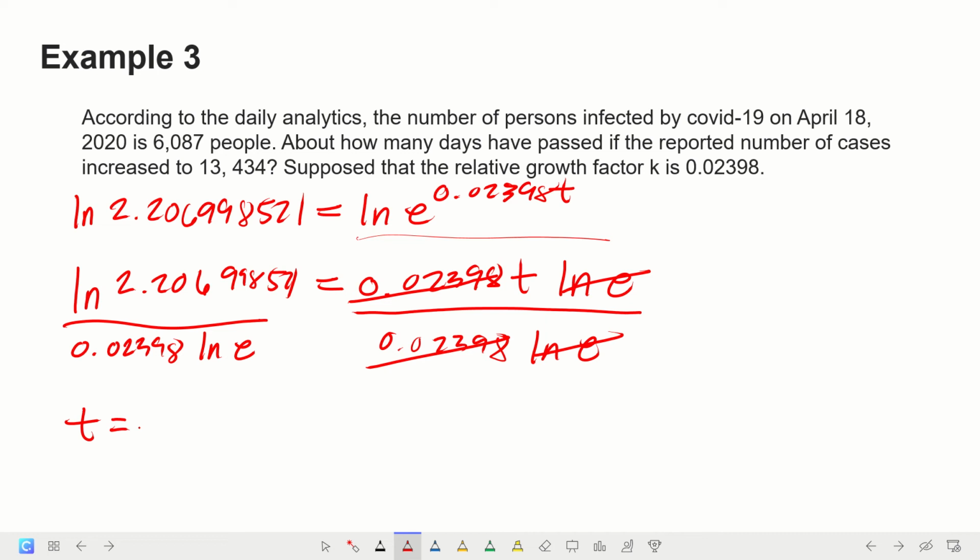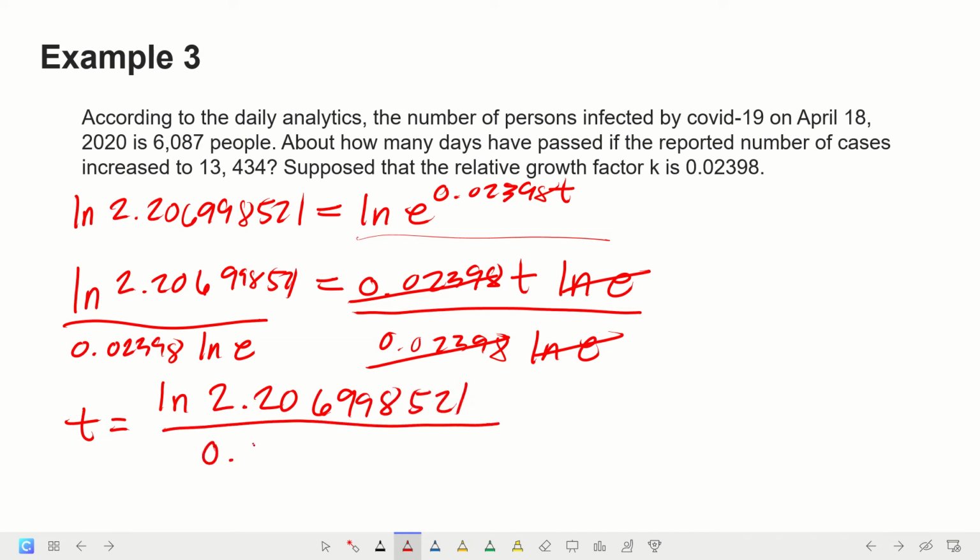Therefore, time is equal to the natural logarithm of 2.206998521 divided by 0.02398 times the natural logarithm of e. Plug this in your calculator. This is our model for solving the value of time.